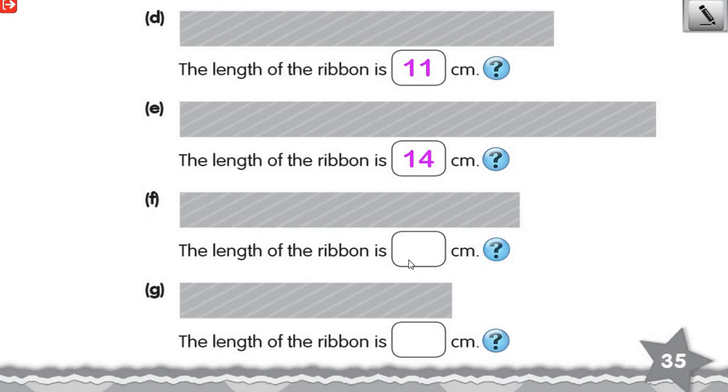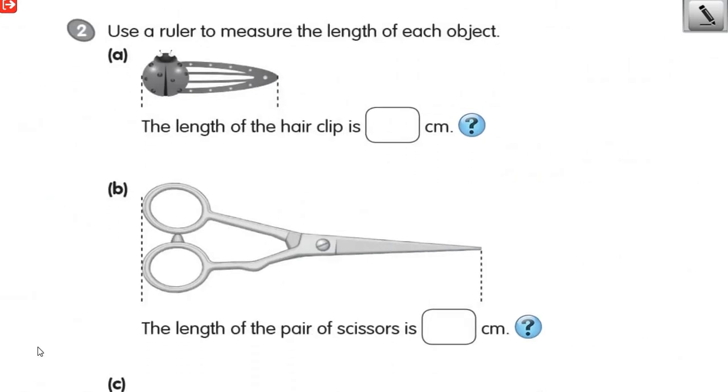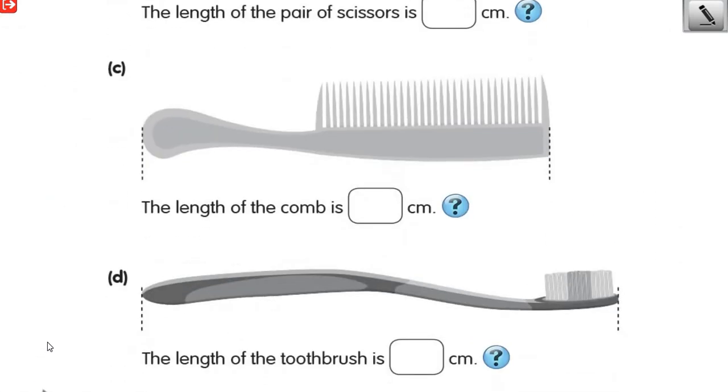How about F? Another 5 seconds. It's 10 centimeter. And then G, another 5 seconds. 8 centimeter. Okay, good. If you have no question, let's continue to page number 36.